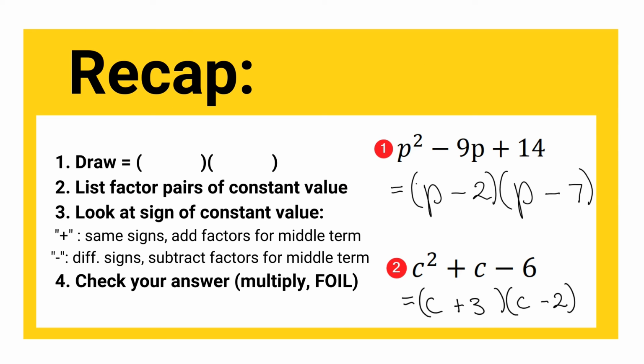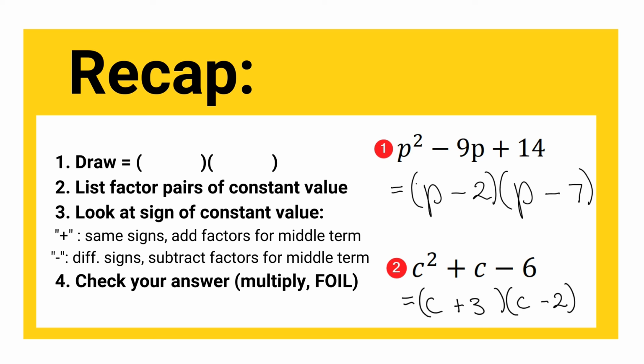Quick recap. Your steps are: first things first, drawing your equal sign and two wide open brackets. Then you're going to list your factor pairs of the constant value, and then look at the sign of the constant value. The constant, remember, is the number without the variable.